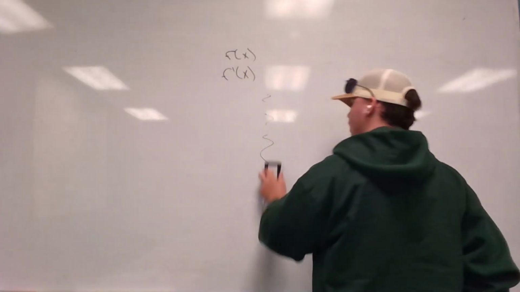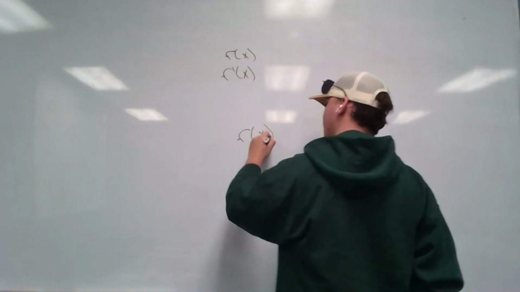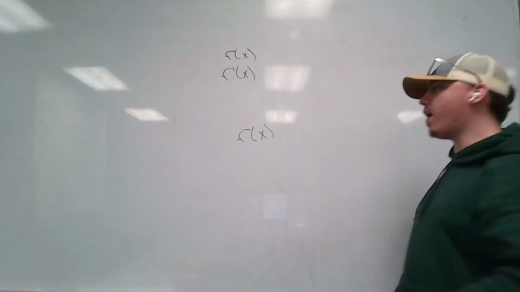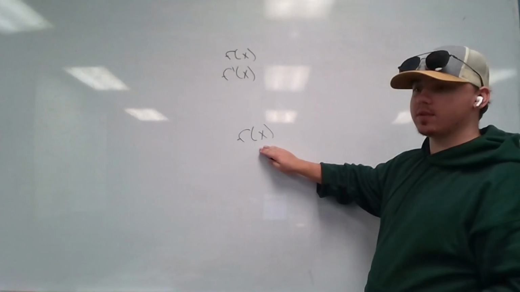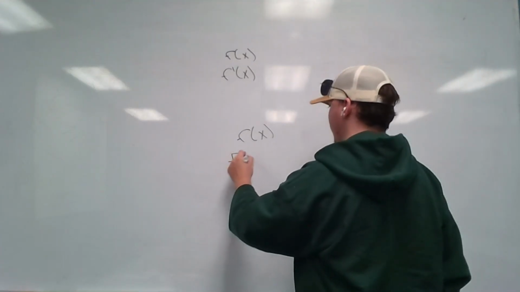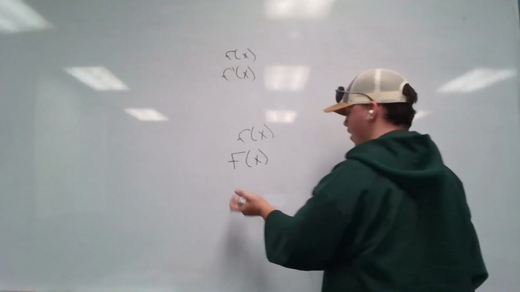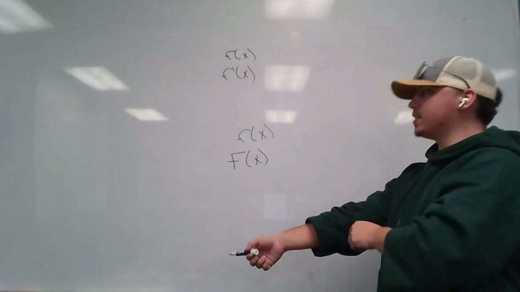But what happens when you want to go back in time? Let's say I'm given f of x, and I'm told to find the function that f is a derivative of. So I would be trying to find big F of x. That's a common way to say it's the function above it.